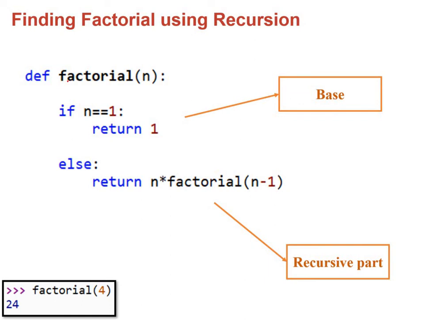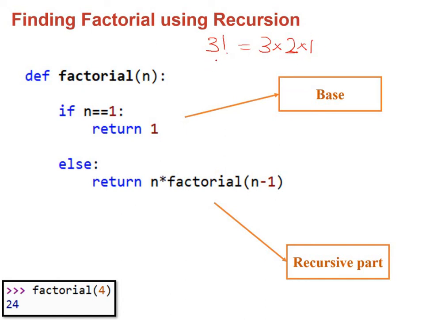Now let's say you have to find the factorial of a number, right? The definition of the factorial: when I find 3 factorial, it's all the numbers less than 3, and then you multiply all the integers less than 3 with that number.